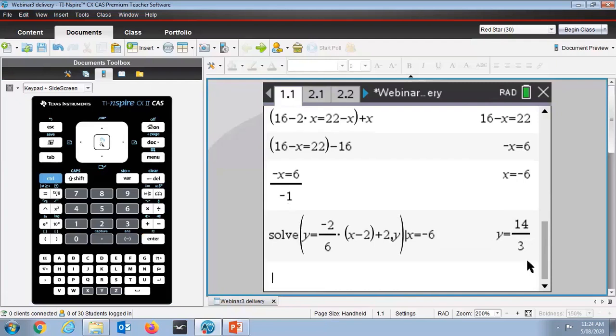I'm going to now show you another way to solve pairs of equations, and this time I'm going to use equation 2 and equation 3.